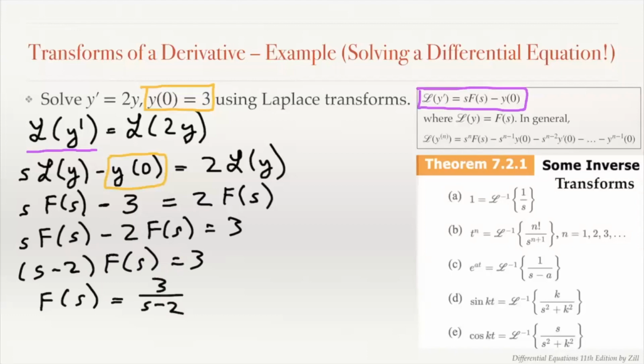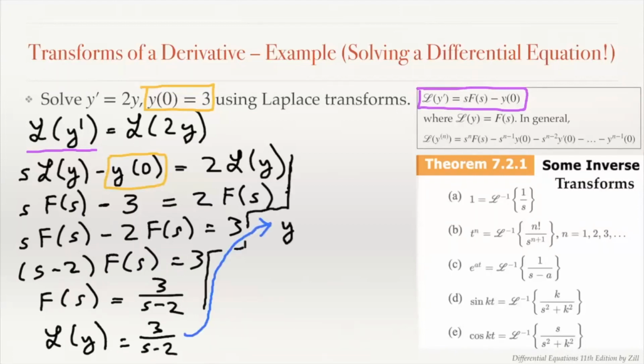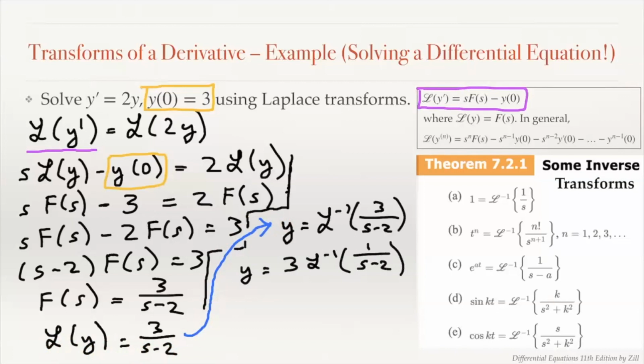And remember that F of s was the Laplace transform of y. It's just alternative notation. Okay, and what that means, taking the inverse Laplace of both sides, if the Laplace of y is that, then y is the inverse Laplace of that. We can pull out that 3. We have 1 over s minus 2. And 1 over s minus 2 is of the form 1 over s minus a. So we have 3 times e to the 2t.